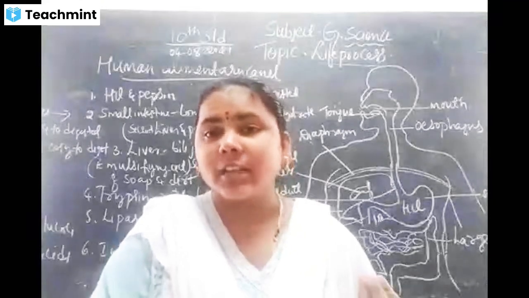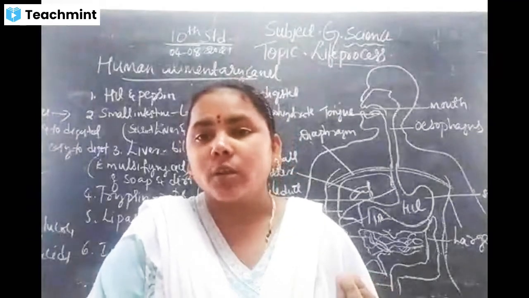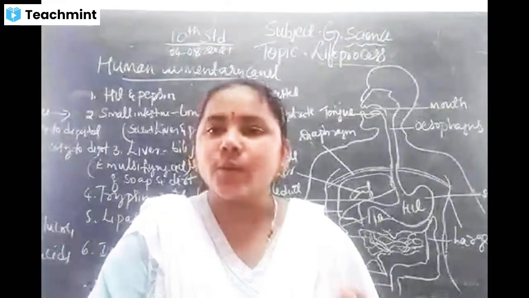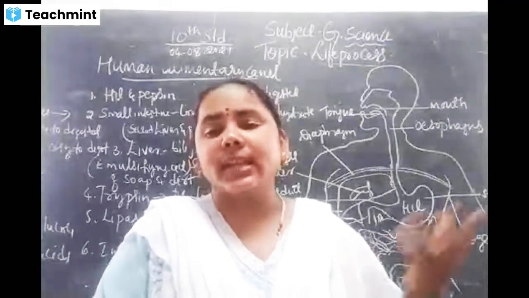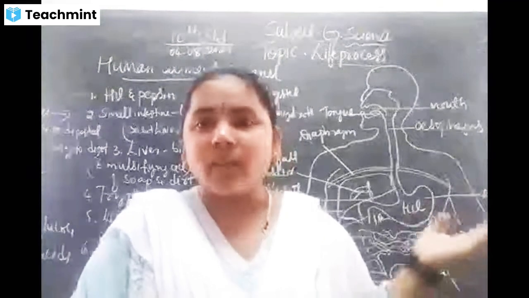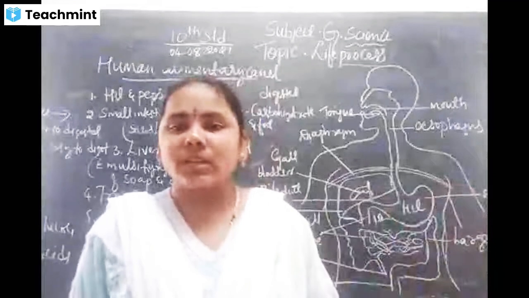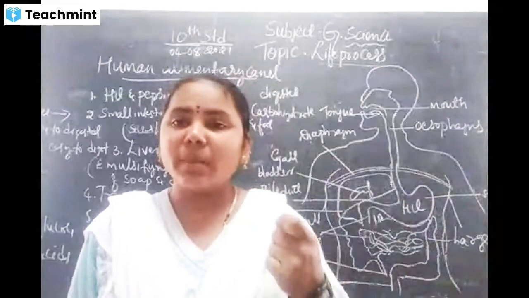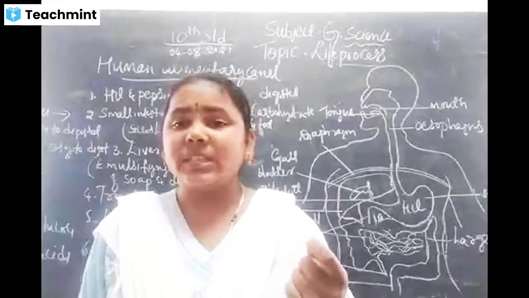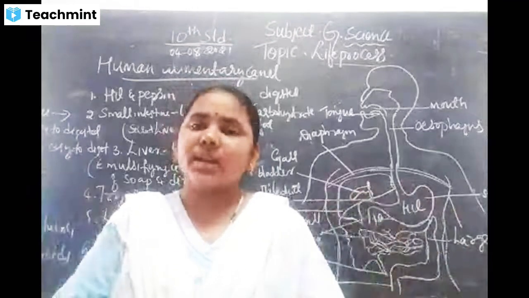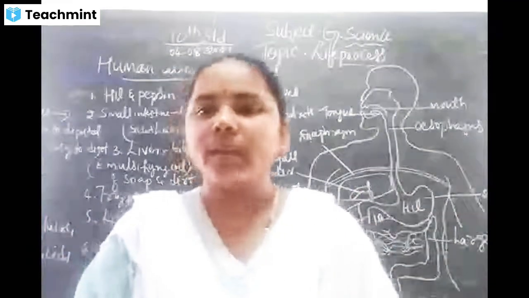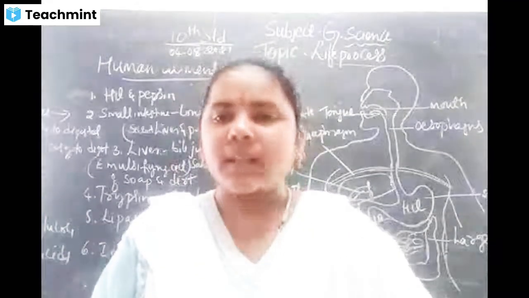Cellulose. Herbivores find it difficult to digest cellulose, hence they have a longer small intestine. But for carnivores, it is very easy to digest meat, hence they have a shorter small intestine. So hope you all understand.